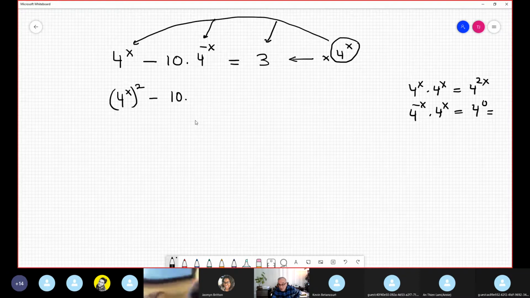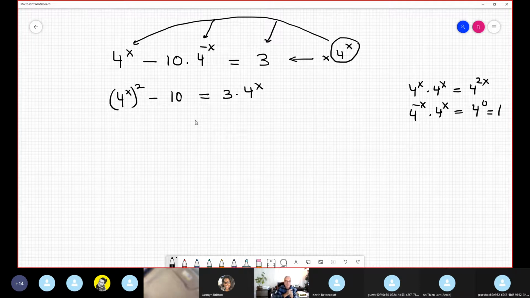And any number or expression raised to the 0 power is 1, so it's just 10. This is the intention. This is the fundamental reason I multiply by 4 to the x, because I know that negative and positive cancel each other. And the last is 3 times 4 to the x.